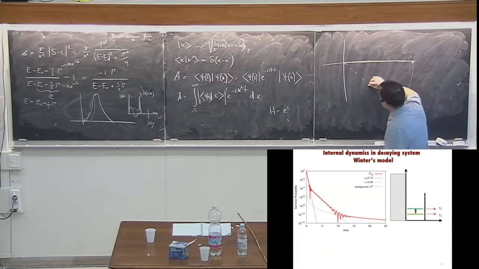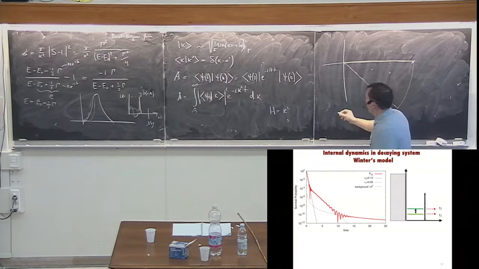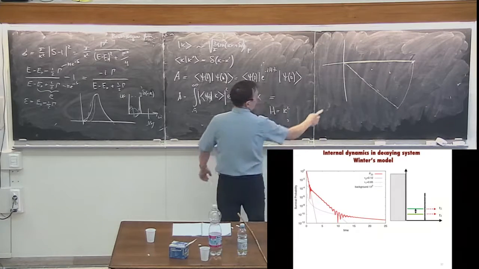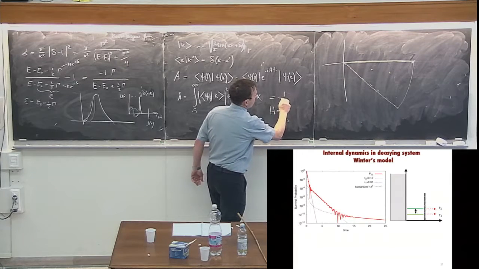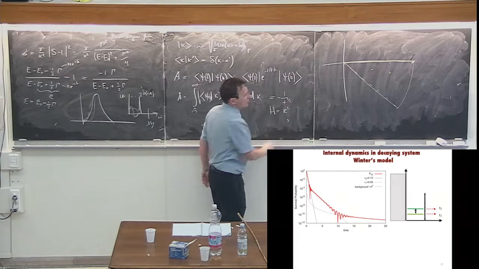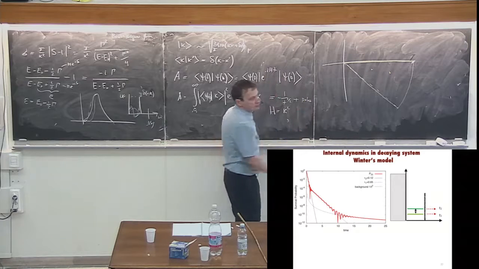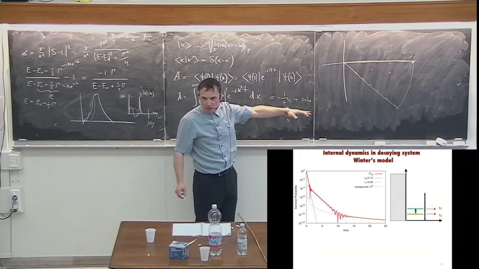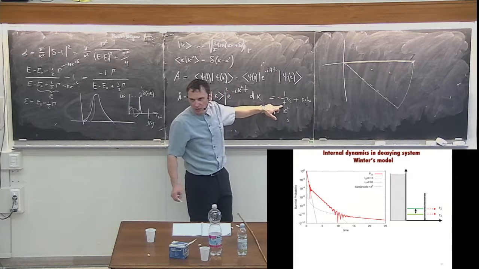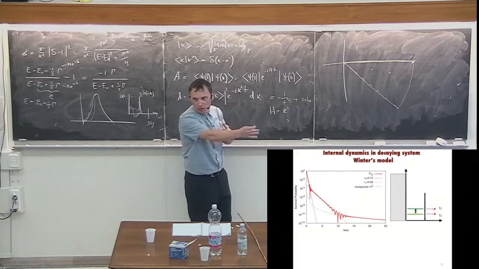This gives you a Gaussian integral, and then there are poles inside, which you can find. So at the end, your answer for this A is going to be this part of the Gaussian integral, which is proportional to 1 over t to the power of 3 halves, plus pole components. The pole components, as before, give you decaying exponents. This one gives you the power law background, which is the outgoing background.